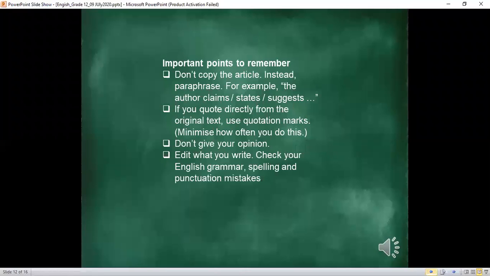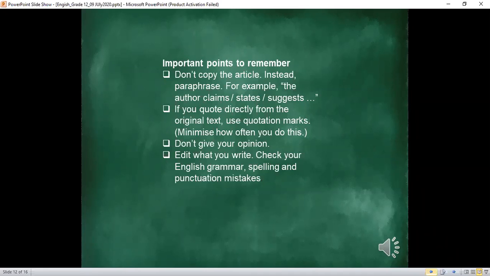Now, here's the whole thing. This is the summary of what's important. Now, you don't have to copy the whole article. That sounds like a cliche, but I think it's important to emphasize it. You paraphrase.